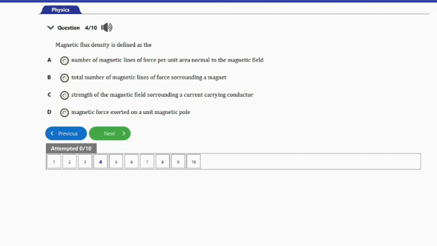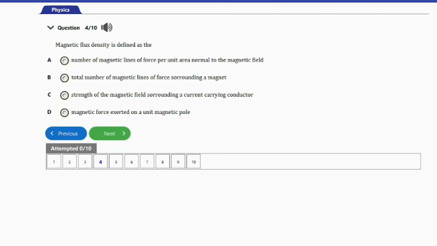So that's question number 4. It says, magnetic flux density is defined as the A. Number of magnetic lines of force per unit area normal to the magnetic field. B. Total number of magnetic lines of force surrounding a magnet. C. Strength of the magnetic field surrounding a current carrying conductor.